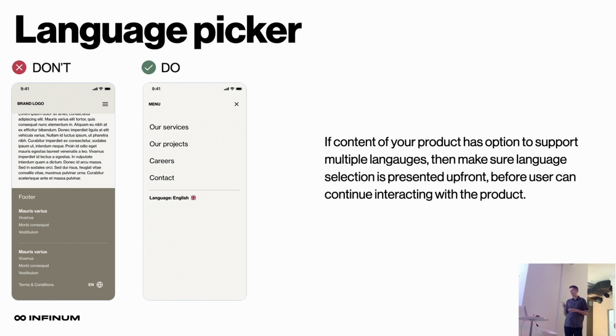So the main thing related to language is to have it at the very beginning of the website, above the logo, above the main navigation, or if it's a mobile app, as part of the registration process, login flow, or onboarding, whatever it is. Just make sure it's at the beginning.